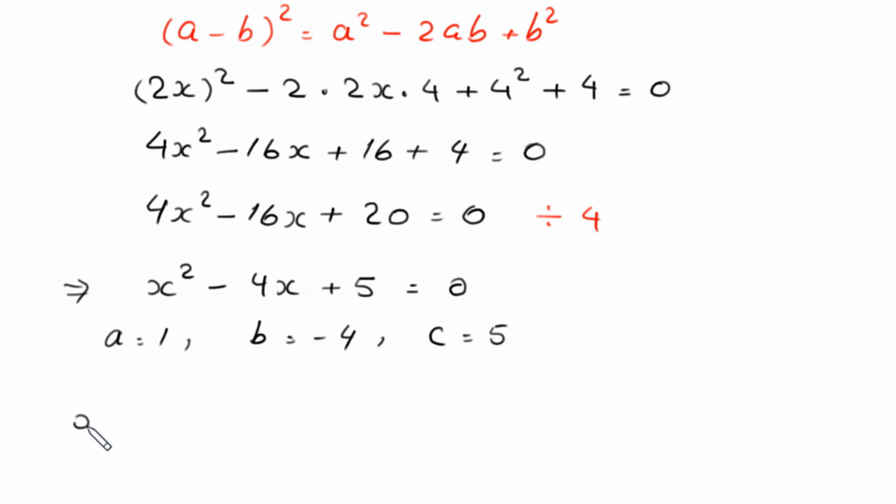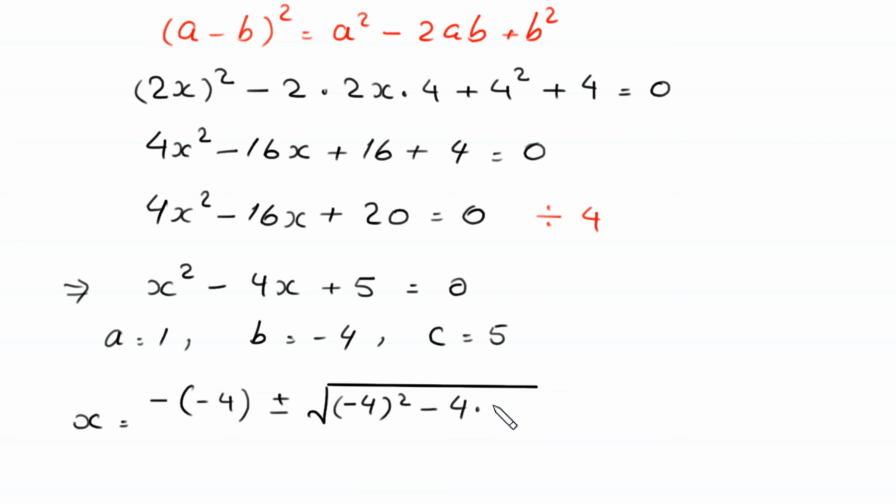According to the quadratic formula, x is equal to negative b, which is negative of negative 4, plus minus square root of b squared, we write negative 4 squared, minus 4 times a, which is 1, times c, which is 5, divided by 2 times a, we write 1.